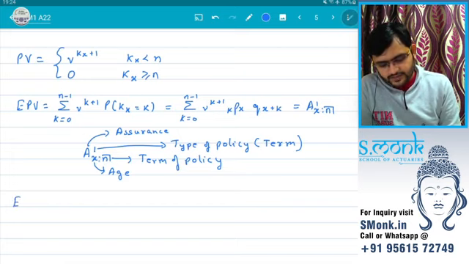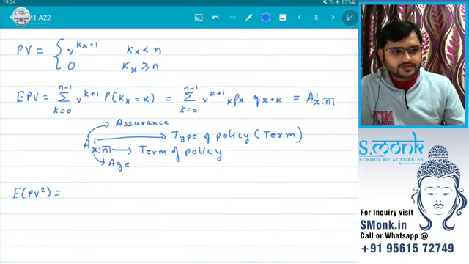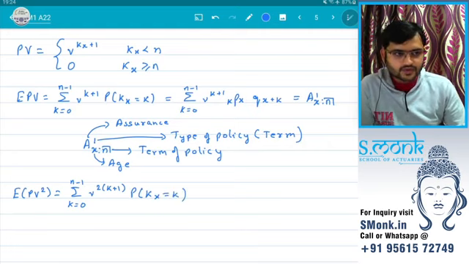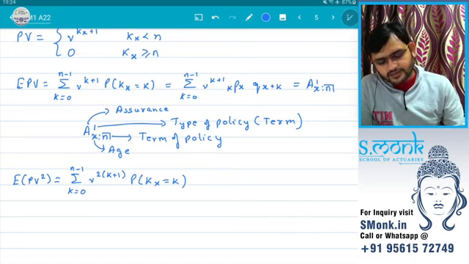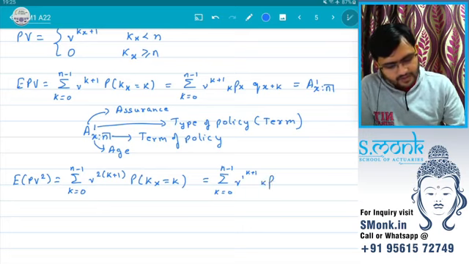For calculating the expected present value square, to calculate the variance, that becomes summation k going from 0 to n minus 1, v raised to 2 k plus 1, probability K_x is equal to k. If I write it in terms of i dash, this is the same as summation k going from 0 to n minus 1, v dash k plus 1, kpx qx plus k.